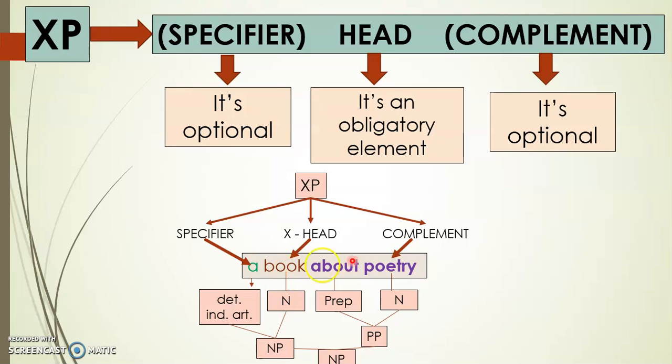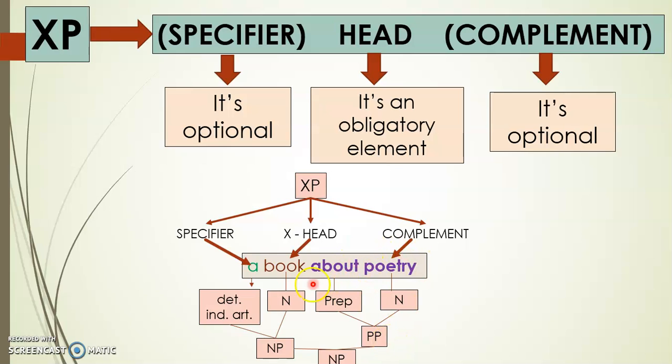Have a look at these examples. We have a book about poetry. We said that the head is an obligatory element, so the head, the X in this case, is book. On the left we have the specifier, which is a determiner, an indefinite article in this case. Following the head, we have the complement, about poetry, which is a prepositional phrase.